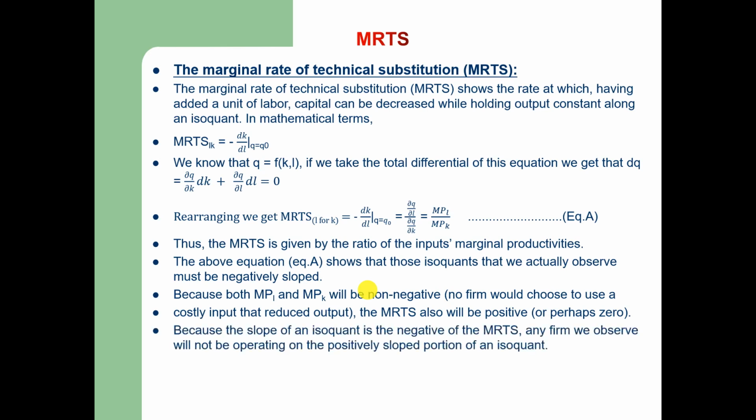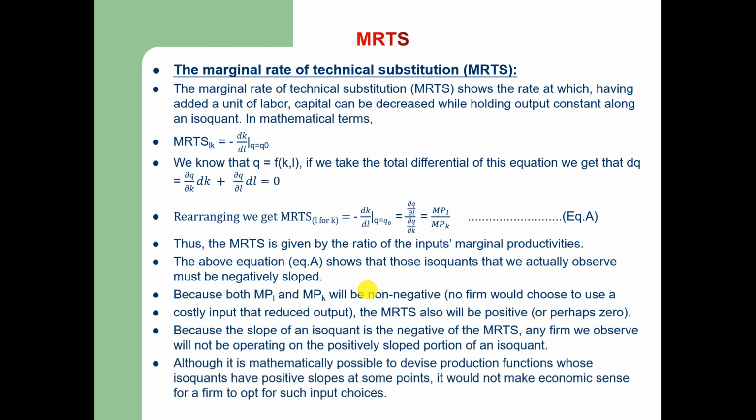Since the slope of the isoquant is the negative of the marginal rate of technical substitution, any firm we observe will not be operating on the positively sloped portion of an isoquant. That is why the regular isoquants are not positively sloped. Although it is mathematically possible to devise production functions whose isoquants have positive slopes at some points, it would not make economic sense for a firm to choose such input choices.